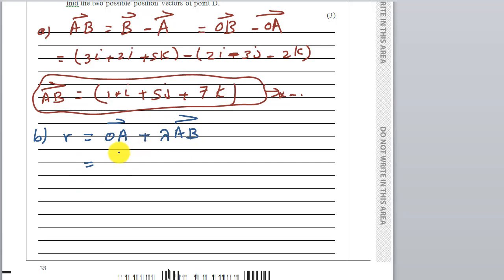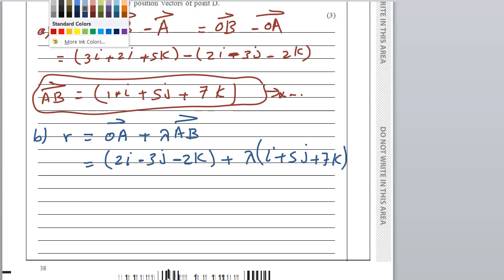So it's equal to A, 2i minus 3j minus 2k, plus lambda times i plus 5j plus 7k. And this is the answer of this part. Let us go ahead to another part.